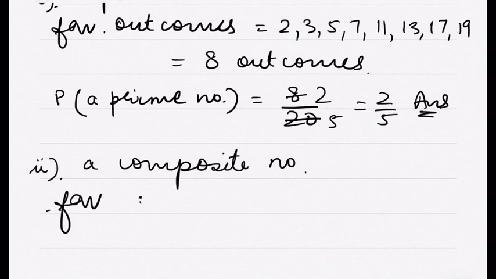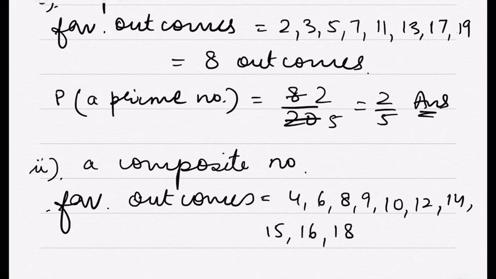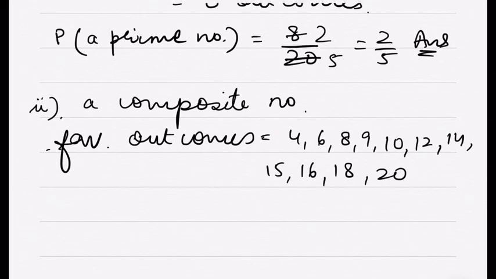Either I can write down the numbers: 4, 6, 8, 9, 10, 12, 14, 15, 16, 18, and 20 is also there, right?